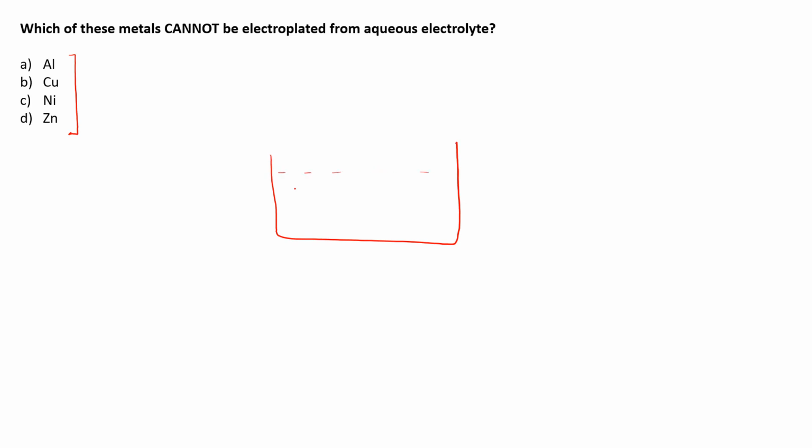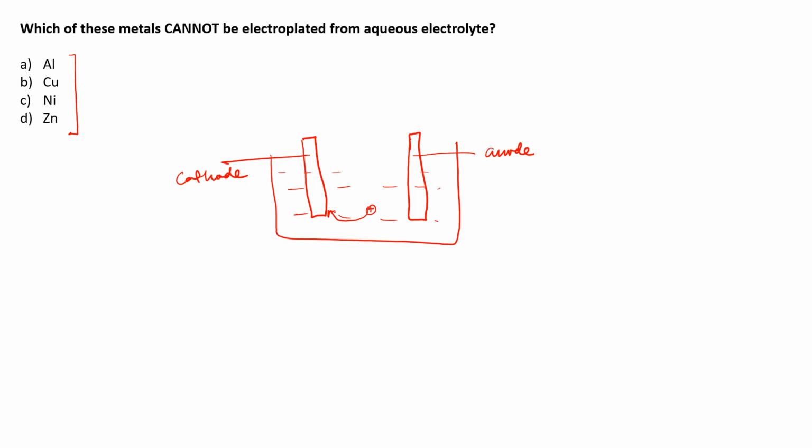There is an electrolyte, and we have a cathode and an anode. Let us assume this is the anode and this is the cathode. The deposition of ions takes place from the electrolyte onto the cathode. At the cathode the reduction reaction takes place, meaning gain of electrons happens.